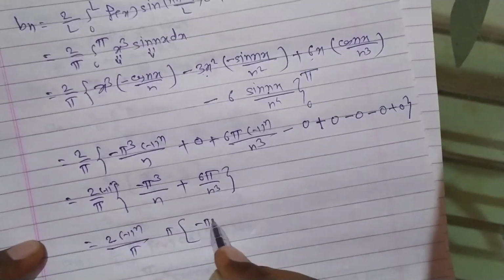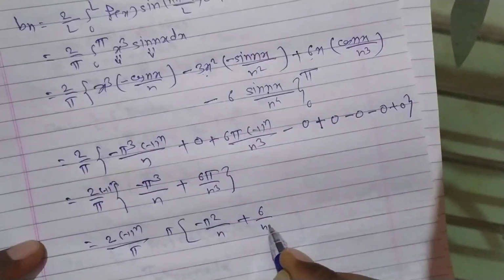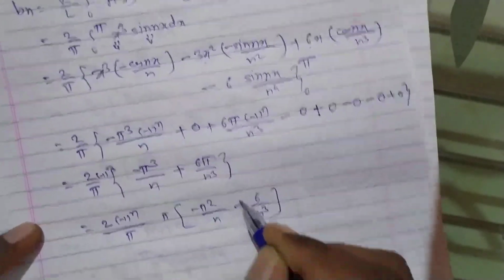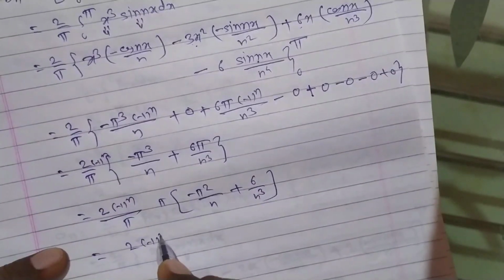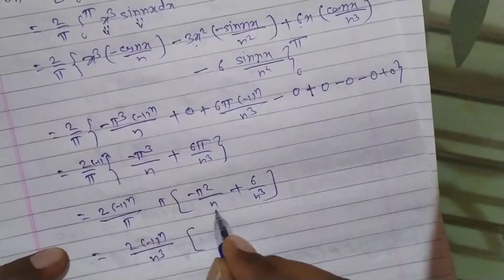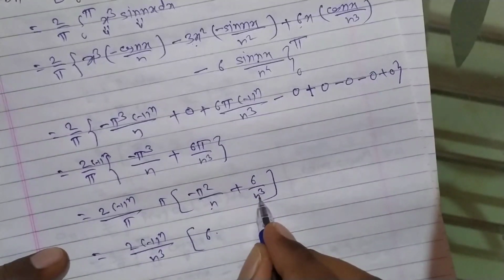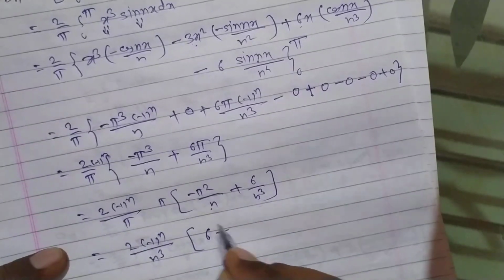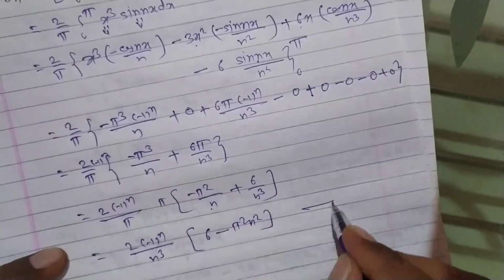So minus pi square by n plus 6 by n cube. So this pi gets cancelled. So the value of bn is 2 into minus 1 raised to n upon n cube. Take common from this. If you take n cube common, we have to multiply here n square. So the answer is 6 minus pi square n square. So this is the value of bn.